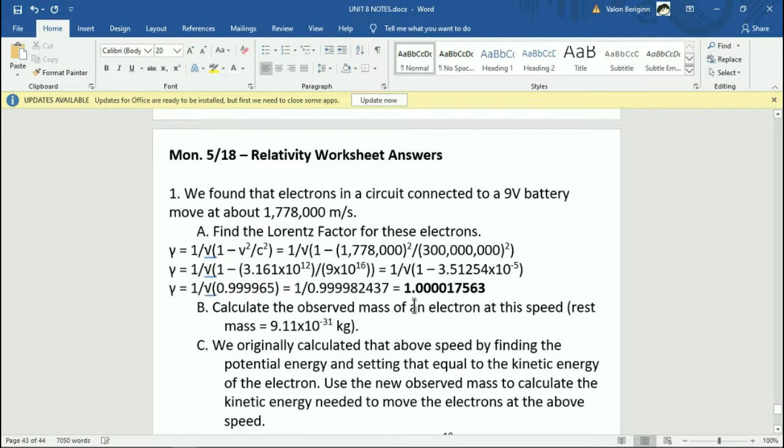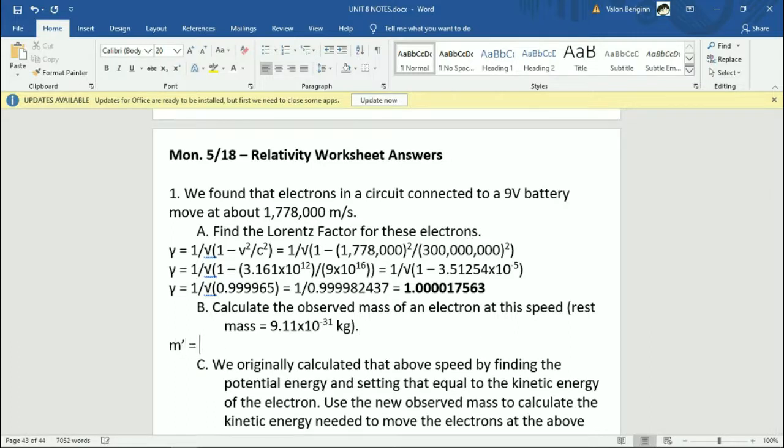Okay. Calculate the observed mass of an electron at this speed. So the observed mass, and that's the rest mass, so this is going to be solving for m prime.